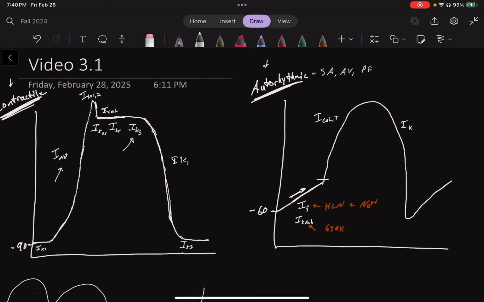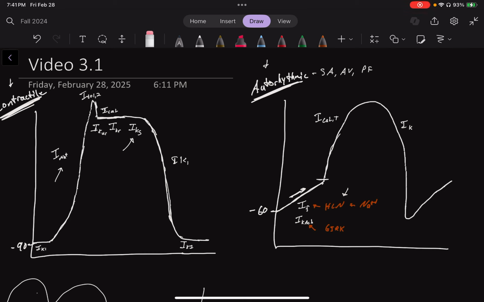Once it reaches a certain threshold, there are no voltage-gated sodium channels. So you have the HCN channels, but no voltage-gated sodium. And so what will actually cause further depolarization are L-type and T-type calcium channels. And the T-type have a little bit lower of a threshold, and so they're open for a very small amount of time.